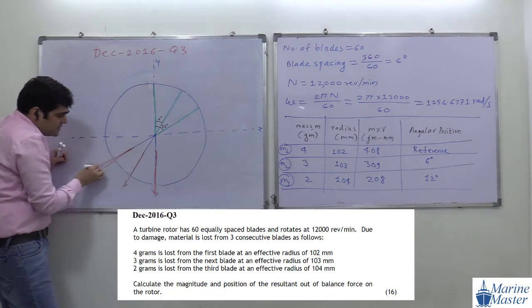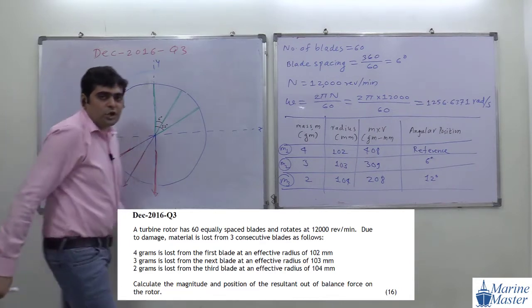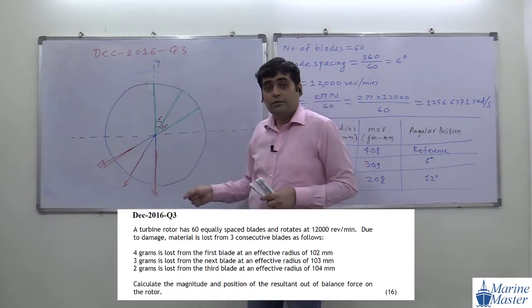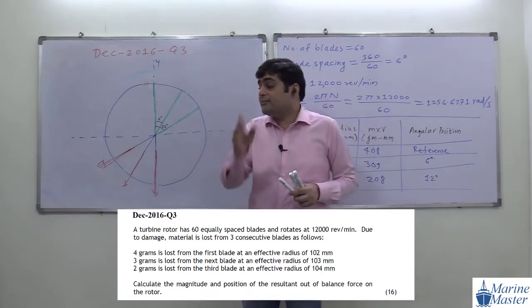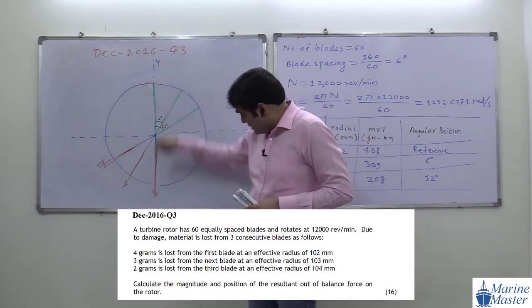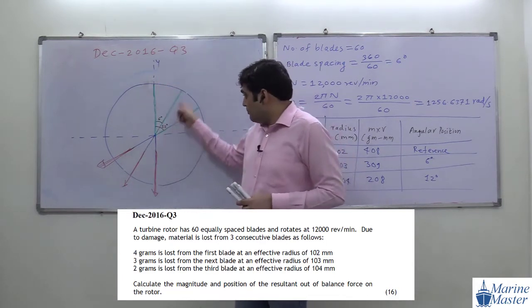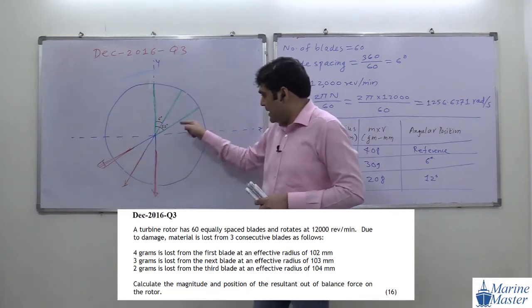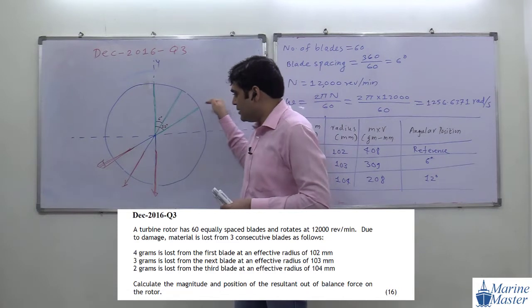If you observe this drawing, wherever mass is removed, the centrifugal force from this location is like this. If mass is removed from here, the centrifugal force is like this.